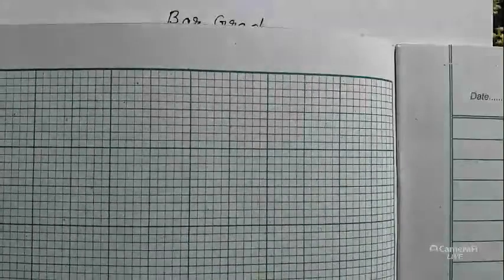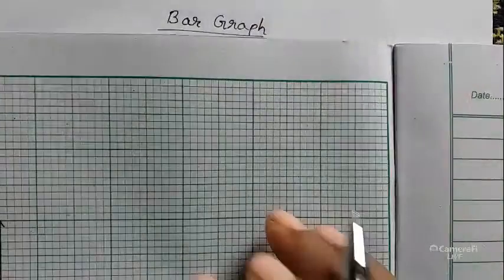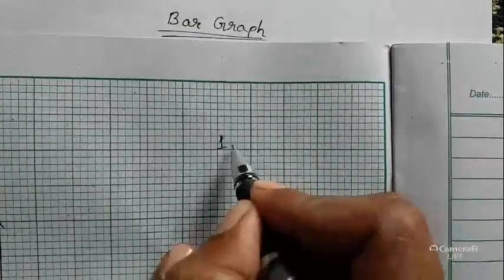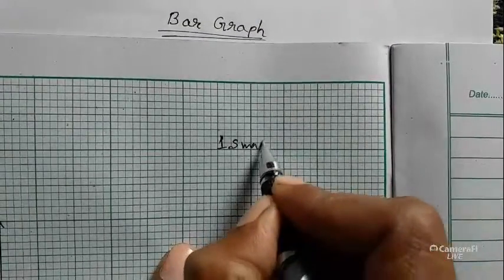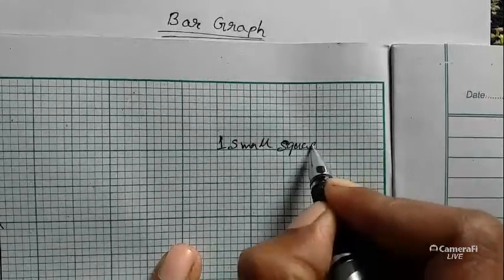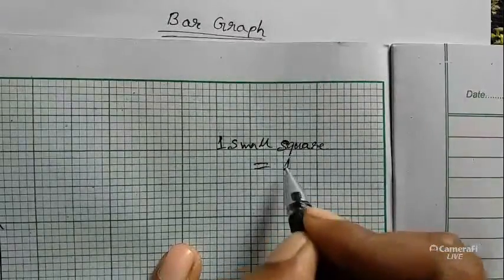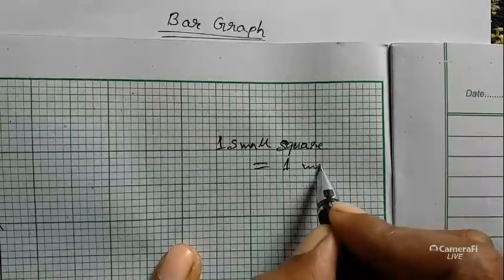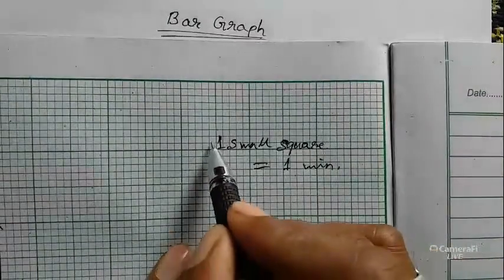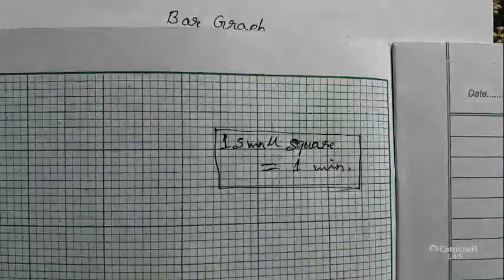So let us choose the scale first and write it down on the graph paper: one small square equal to 1 minute. So we have chosen this scale.